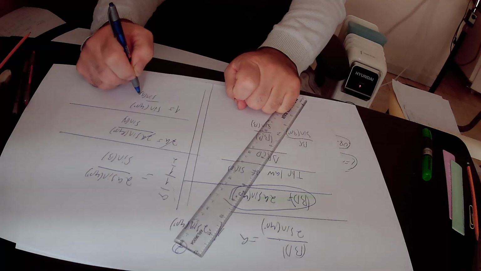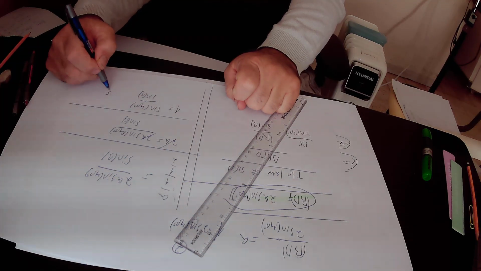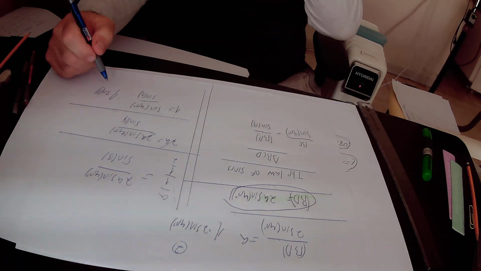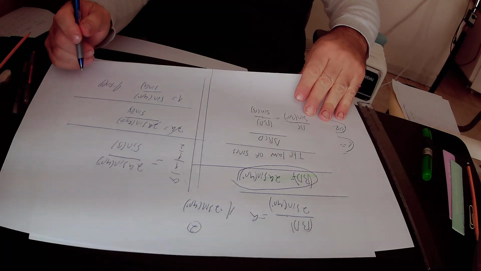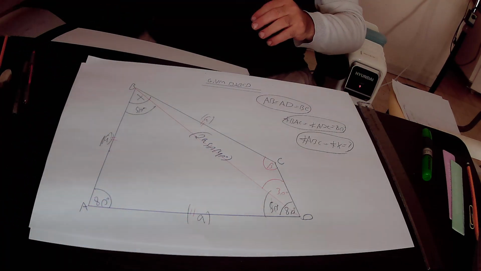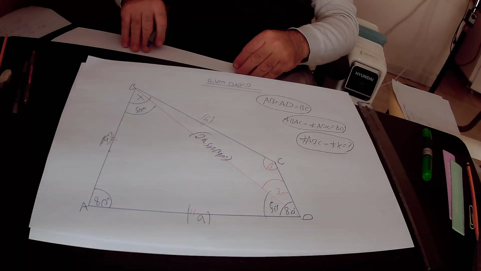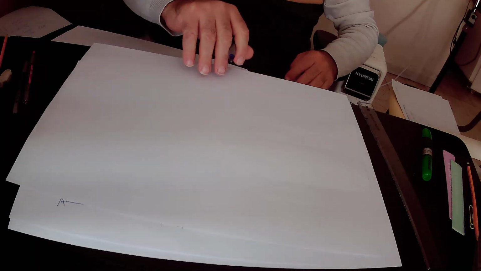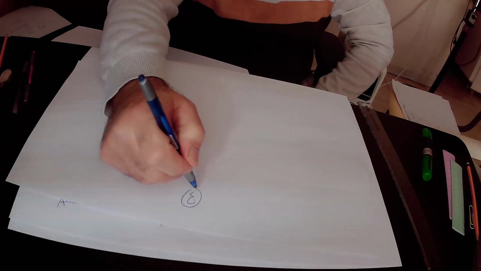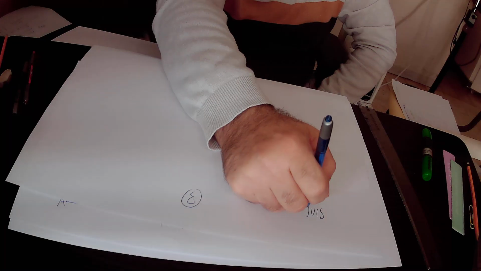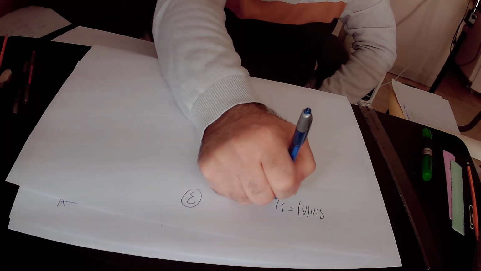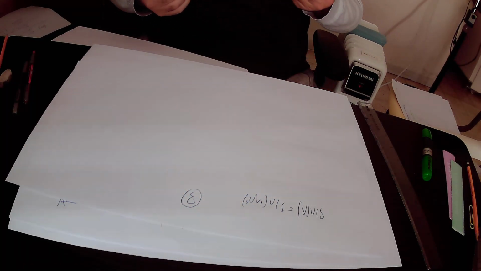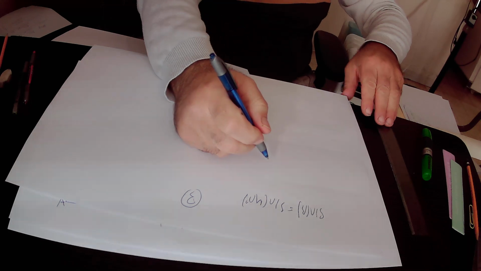Here we multiply this equation by sine beta, and finally get that sine beta equals sine 40 degrees. If sine beta equals sine 40 degrees, it means that beta equals 40 degrees.